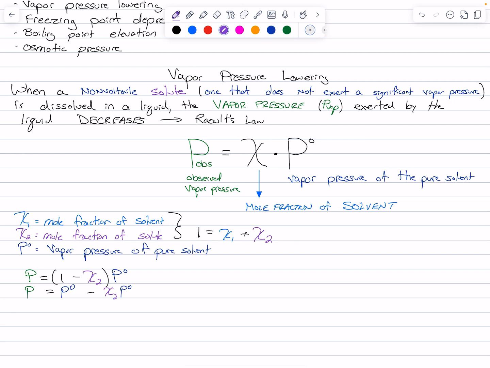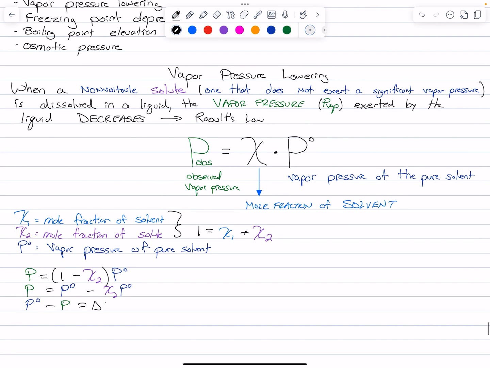Rearranging, I have the pressure difference, which is the change in pressure, would equal the mole fraction of solute times the pure vapor pressure. So that would be the difference in pressure.